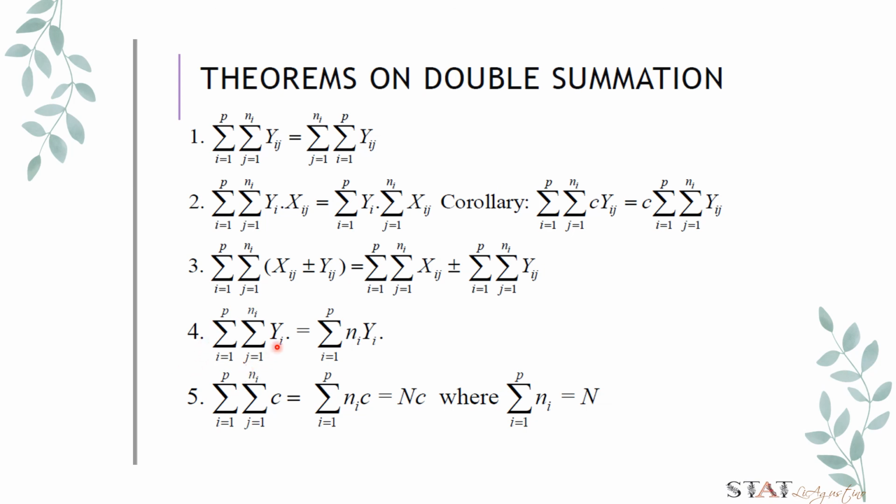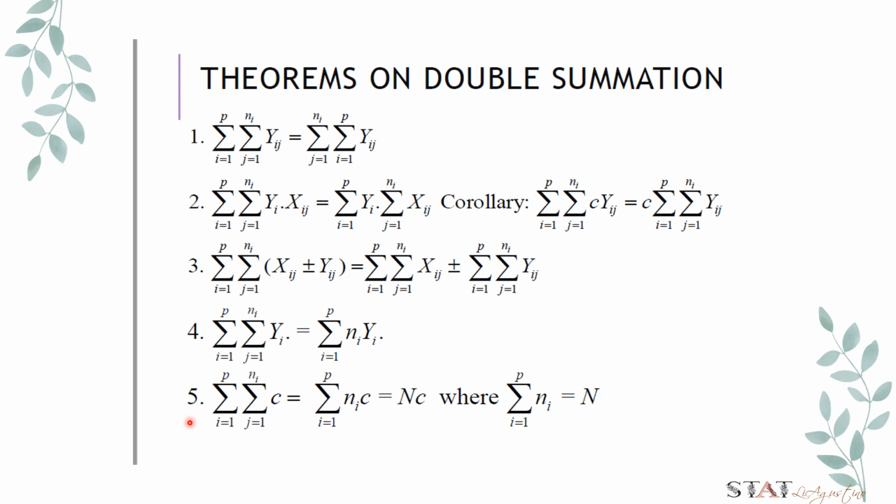Double summation of yij, where j ranges from 1 to ni and i ranges from 1 to p, is also equal to the double summation of ni multiplied to yi dot, where i ranges from 1 to p. Remember our previous theorem in the one-way summation notation. So the same principles.